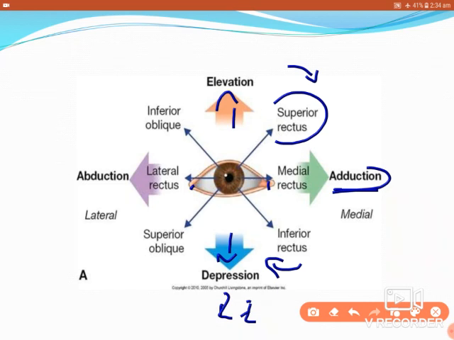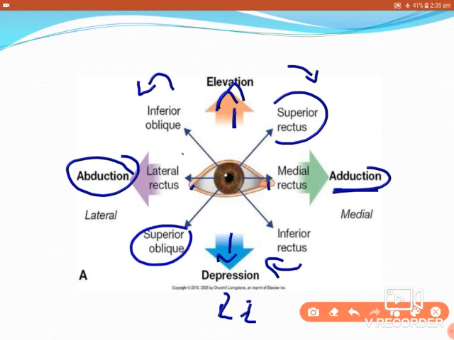Then the inferior oblique, here you can see the inferior oblique. The inferior oblique produces elevation, then extorsion, then abduction. Then comes the superior oblique.